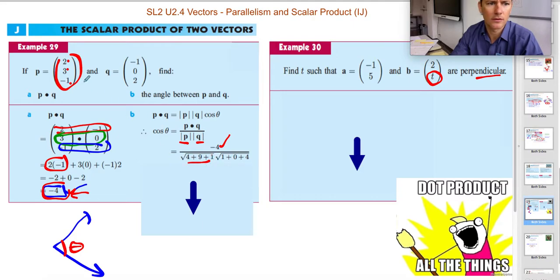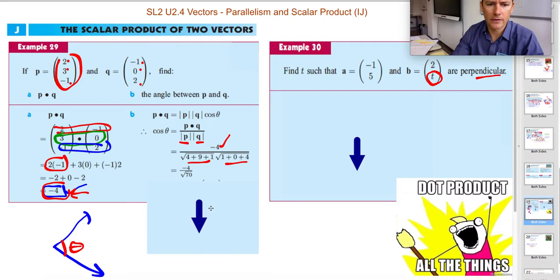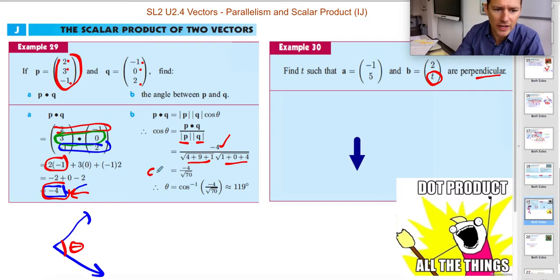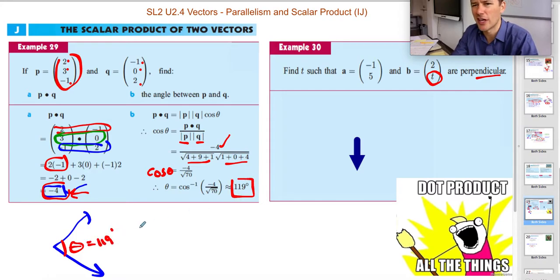That's 4, 9, and 1, and this is 1, 0, and 4. You end up with -4 over root 70, and that is cosine of theta. So you take the inverse cosine of that answer and get about 119 degrees, and so that's this angle. Careful that your calculators are in degrees.